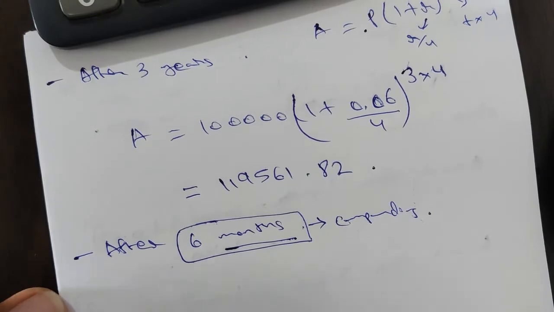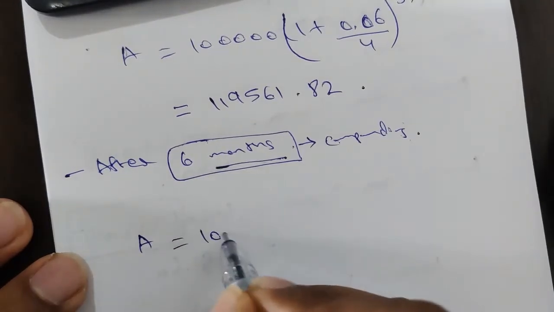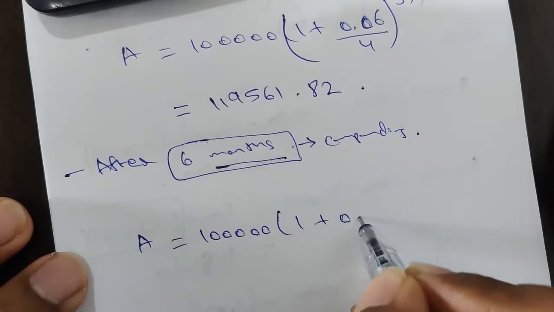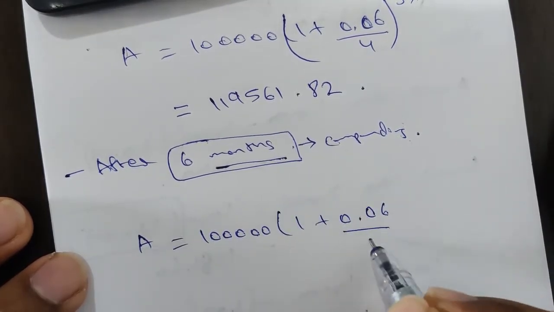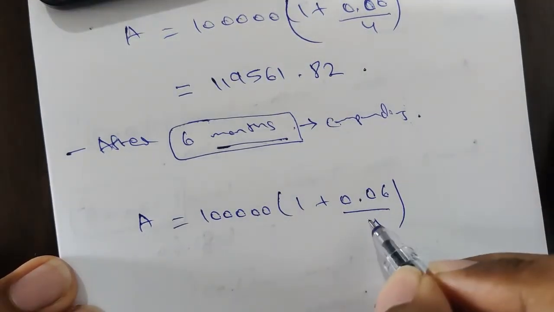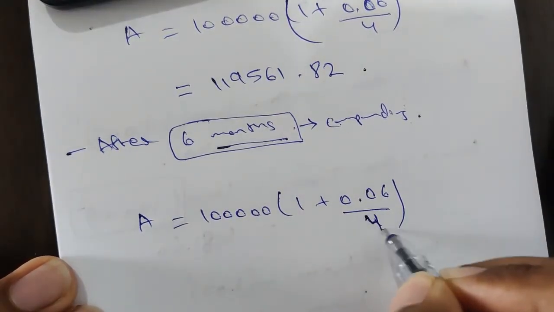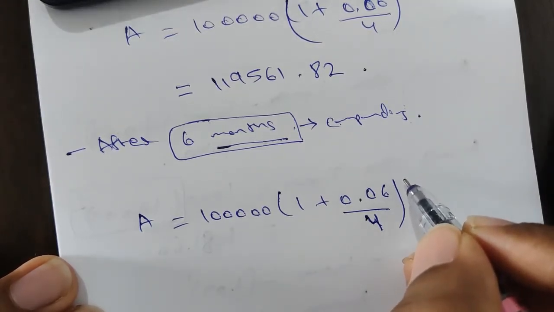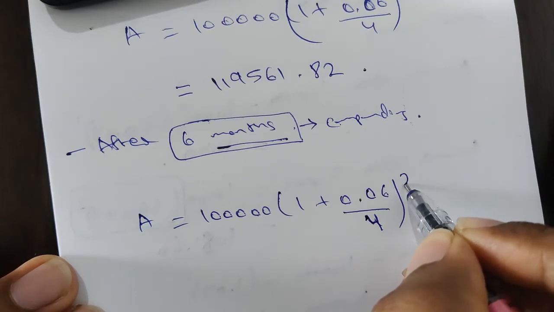So amount is equal to 1 lakh into 1.06 divided by 4, then for how many periods are you compounding?